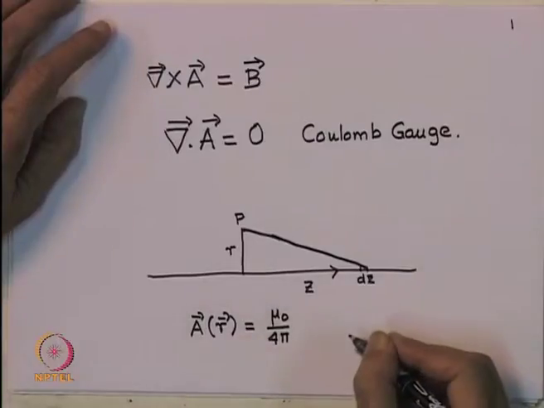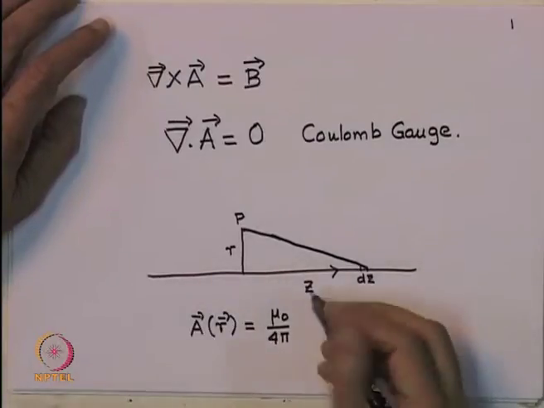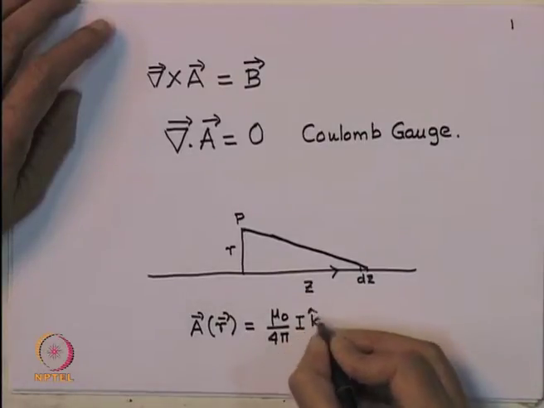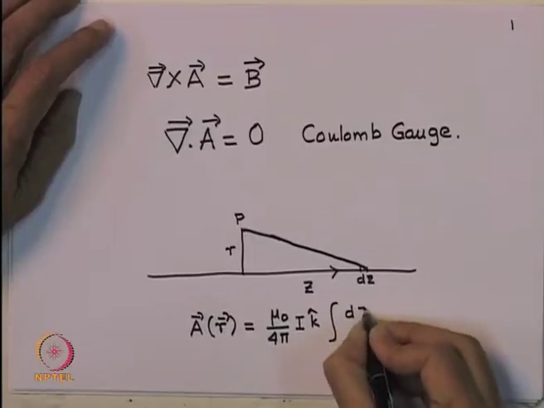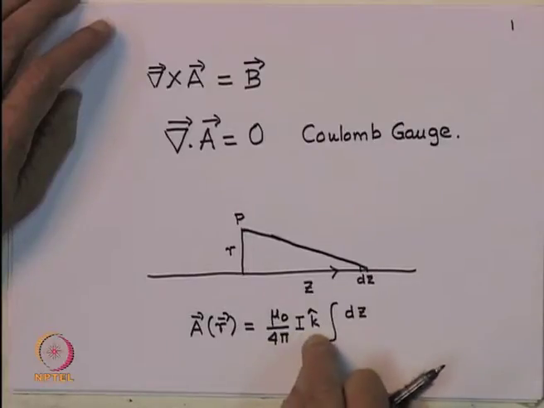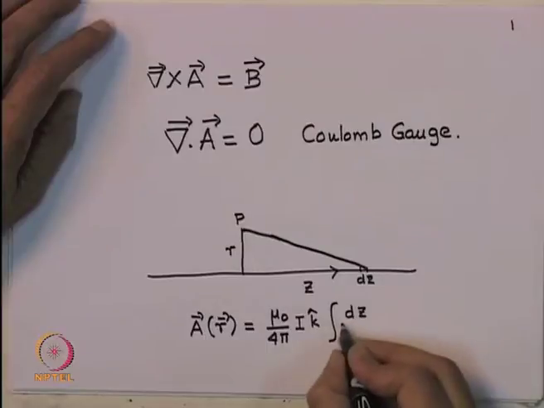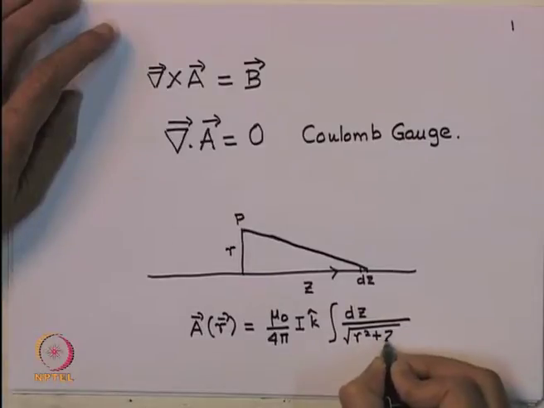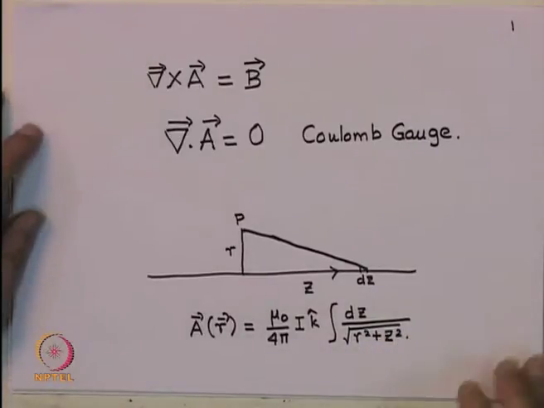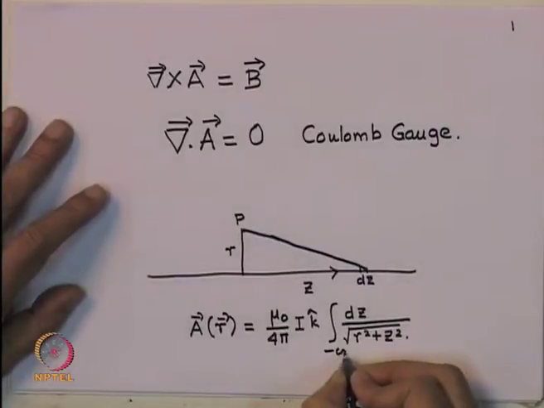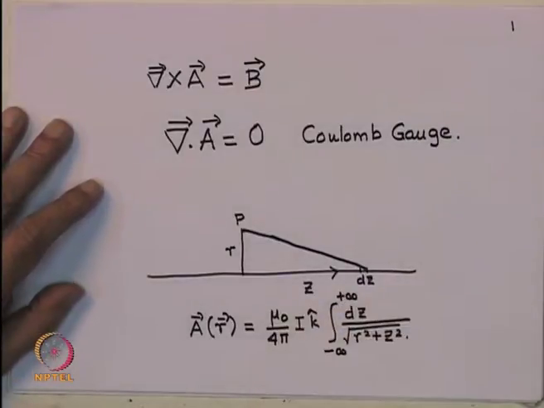Because it is a line current, this is simply given by the current I times k dz, divided by this distance, which is the square root of r square plus z square. And the integral for z is from minus infinity to plus infinity.